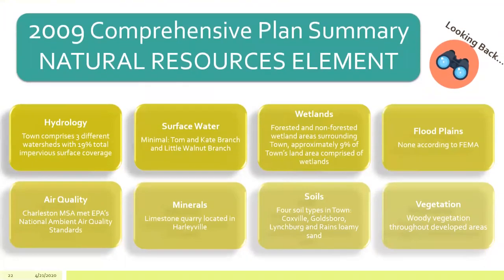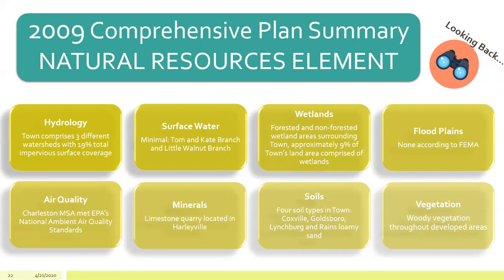Moving on to the natural resources element, looking back at 2009, some of the takeaways were that the town comprised 3 different watersheds with a 19% total impervious surface coverage. Surface water was pretty minimal, just Tom and Kate Branch and the Little Walnut Branch. For wetlands, there's forested and non-forested wetland areas surrounding the town. Approximately 9% of the town's land area was comprised of wetlands.